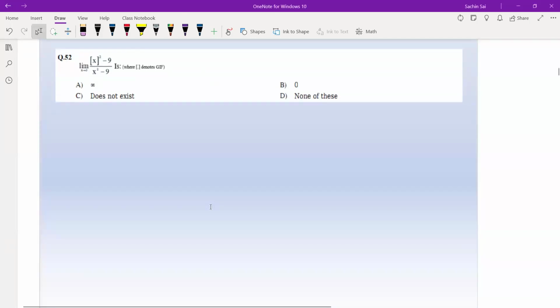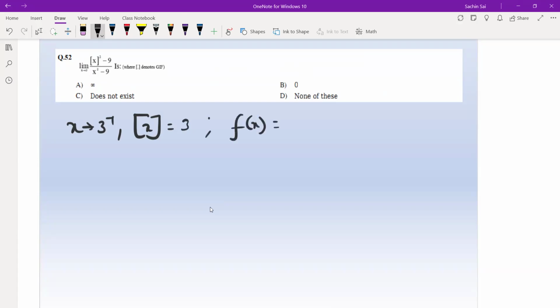Question 52, limit as x tends to 3, step of x squared minus 9 by x squared minus 9. So here you have a step function and the limit is being asked at an integer value, right? So let's look at this function here. When x tends to 3 plus, then I can say step of x equals 3, which means f of x will be the same as 0 by x squared minus 9.